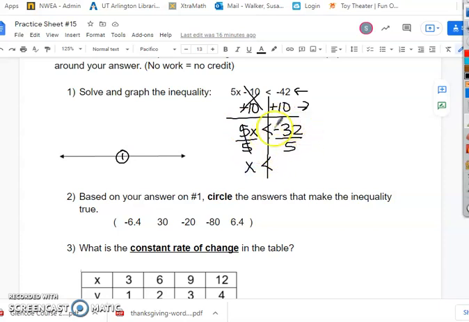Now, before I divide, I want to make sure I take care of this negative. Negative, positive gives me a negative. 32 divided by 5, so let's divide that.